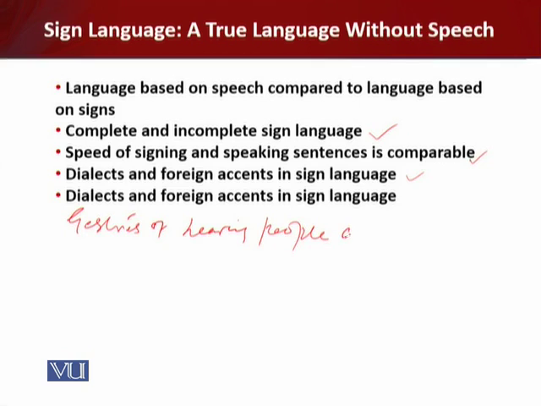These are signs, but they do not form a language. So, gestures of hearing people are signs and they do not form a complete language.